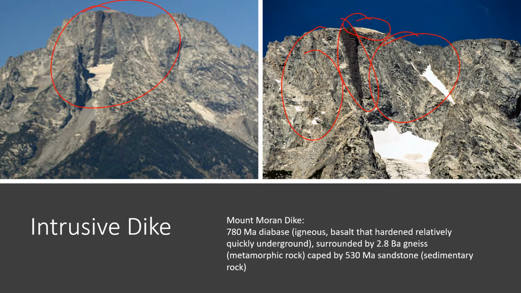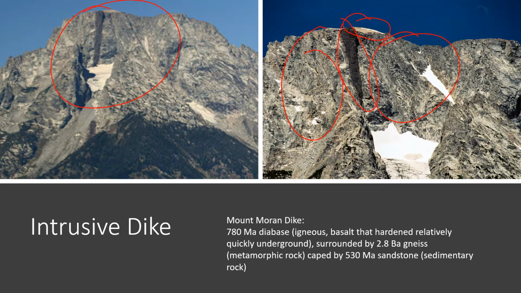While this piece of Mount Moran was still underground millions of years ago, basalt intruded into a gap in 2.8 billion year old metamorphic granite called gneiss.